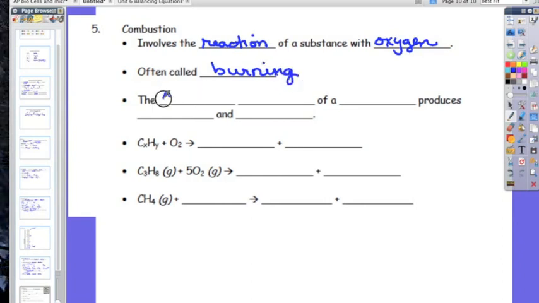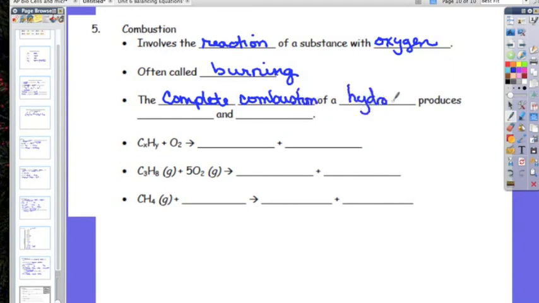Okay, so if it is a complete combustion of a hydrocarbon, which means it just has hydrogen and carbon, then it is going to produce CO2 as a gas and H2O as a gas.